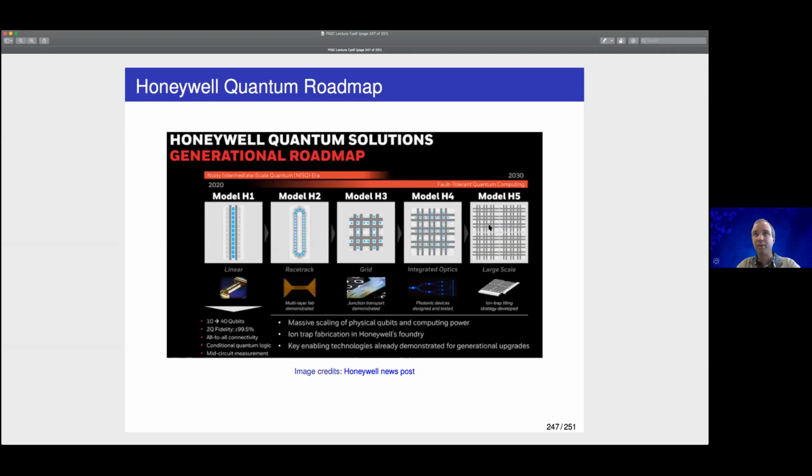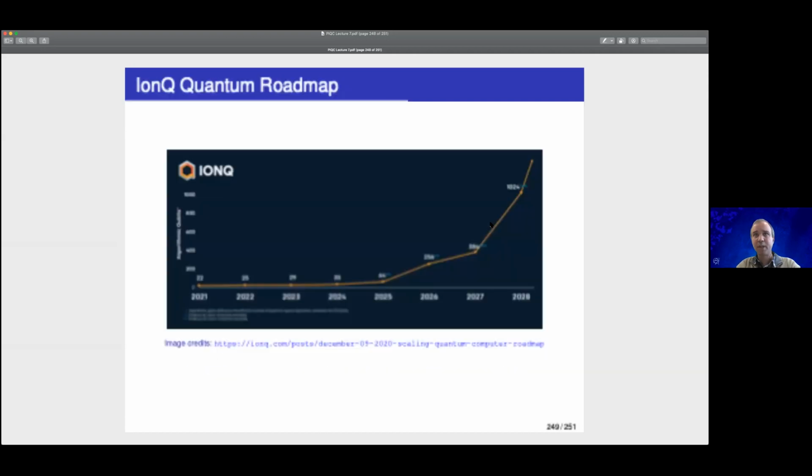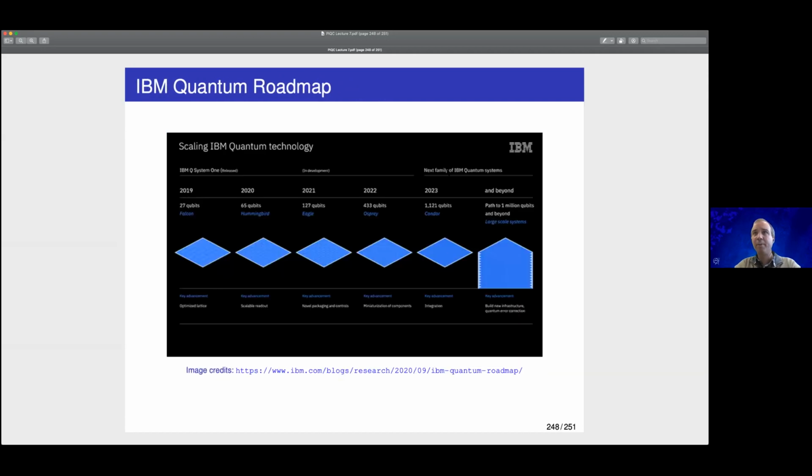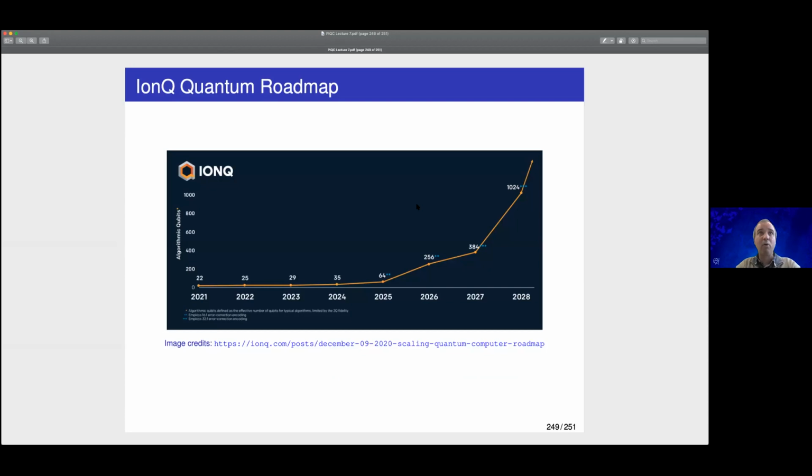Okay, so this is something that is also common for other companies. For instance, IBM is also aiming at this 1 million qubit goal. They propose to have more than 1,000 qubits by 2023. Okay, so well, there are other companies like IonQ that talk about algorithmic qubits, which are qubits with good properties.